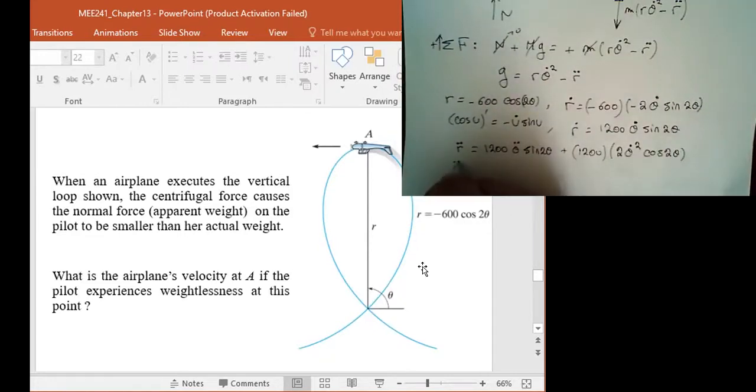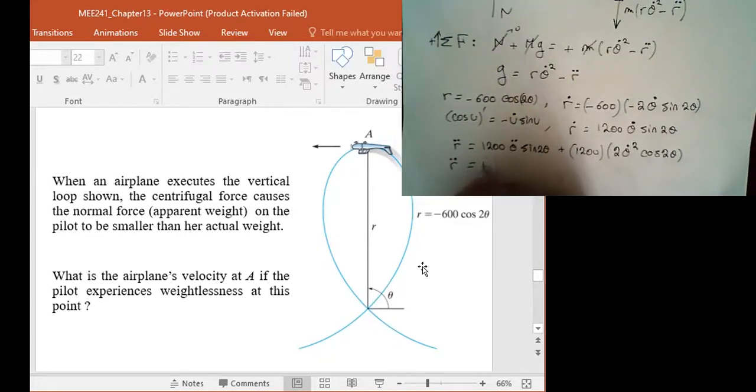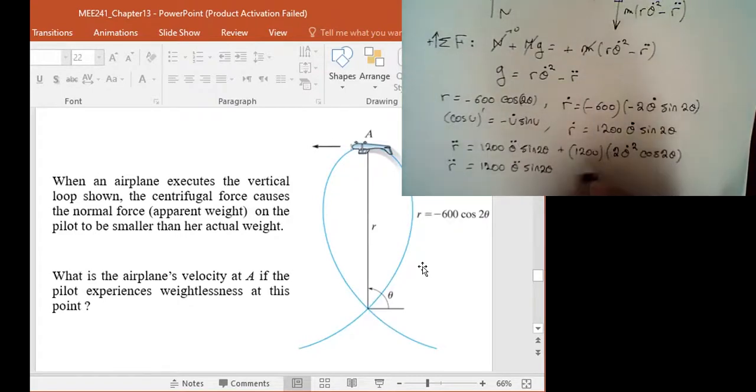So my r double dot is equal to 1200 theta double dot sine 2 theta plus 2400 theta prime square cosine 2 theta.